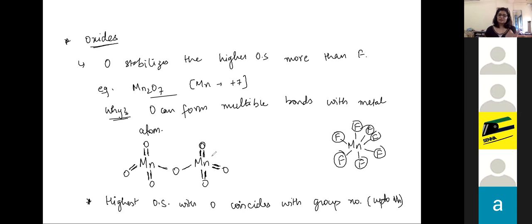So the highest oxidation state that it can show with oxygen is +5. Simple. So up to manganese, the highest oxidation state that any of these can show is equal to the group number. After manganese, from iron onwards, the oxidation state decreases.